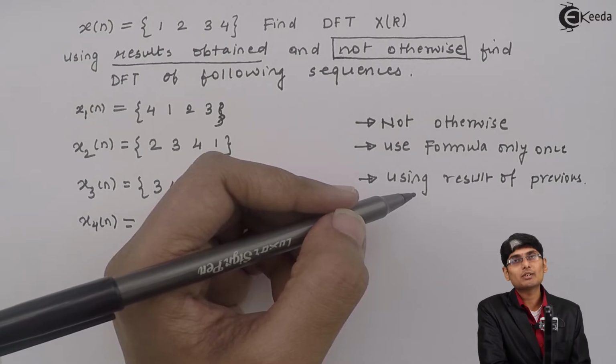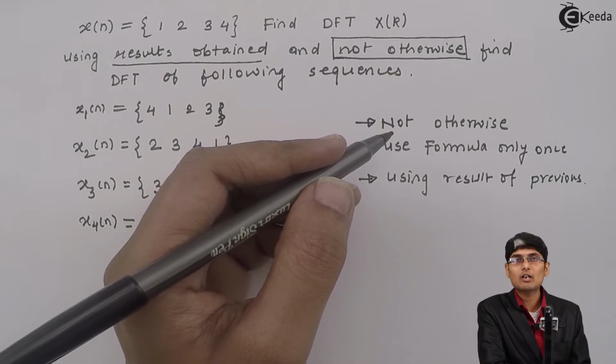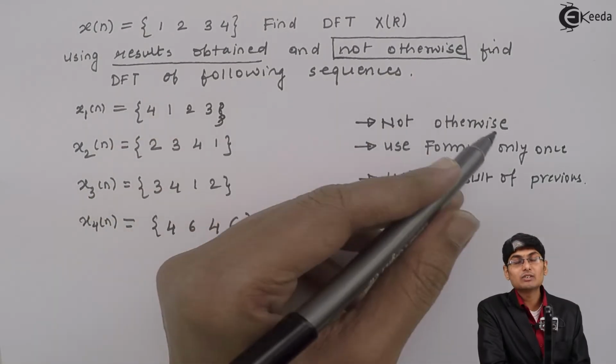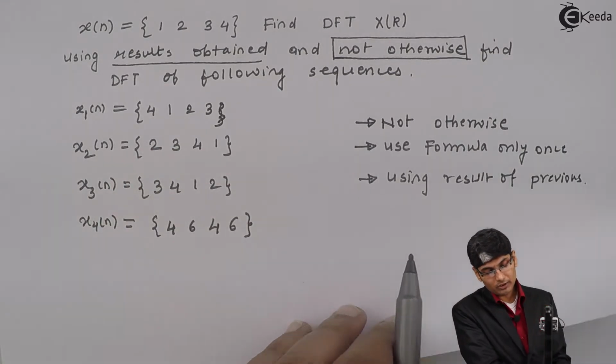You have to use the properties of DFT. You cannot use the formula and give the answer. Even though the answer is correct, you will not get marks because it has been mentioned that you have to use properties. So let us proceed with this problem.